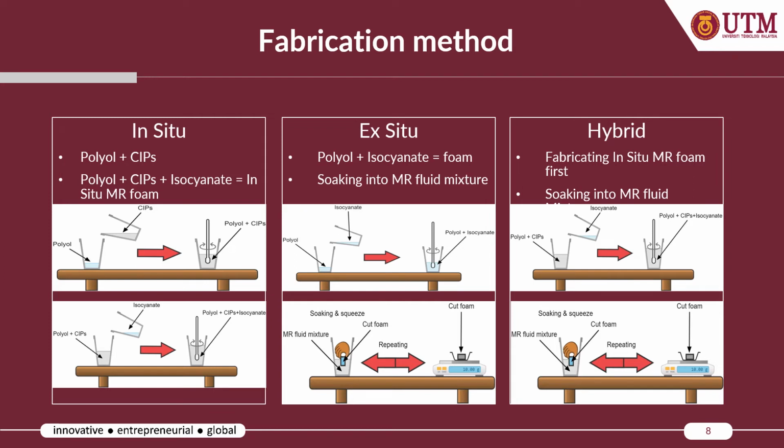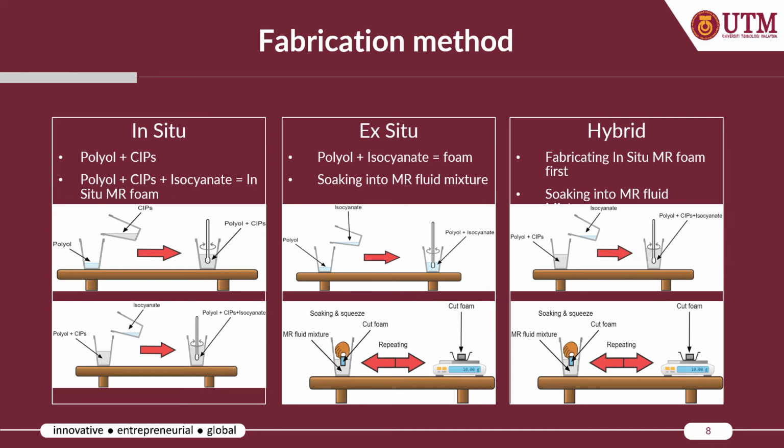Meanwhile, for the ex situ method, the procedure can be simplified as externally soaking and squeezing the ready foam into MR fluid mixture while repeatedly measuring the weight of the foam until it reaches a saturation stage.